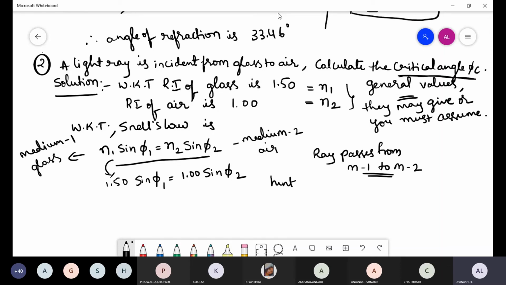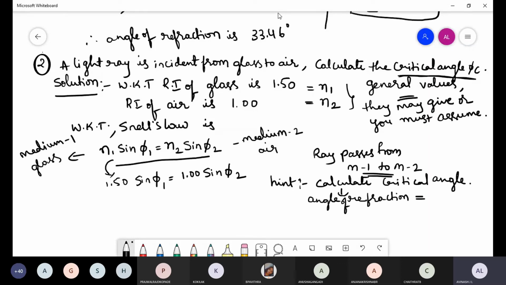Hint is, they asked to calculate critical angle. In the critical angle, angle of refraction is 90 degrees.